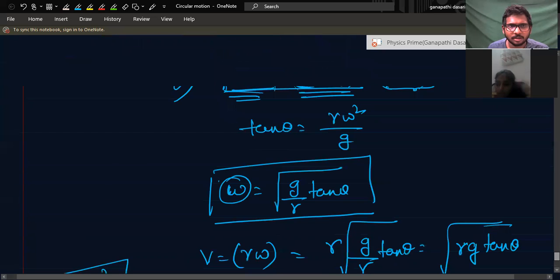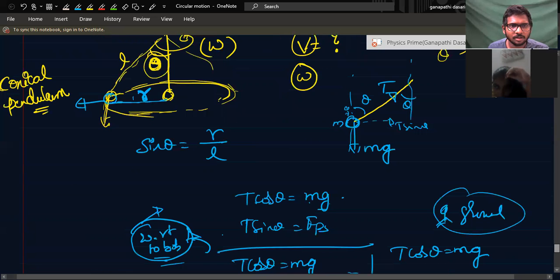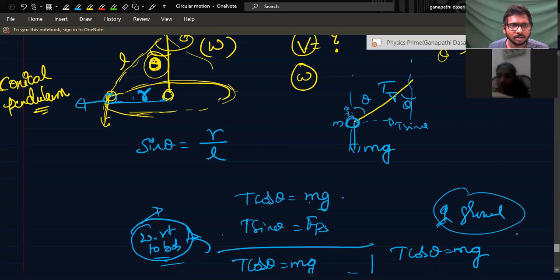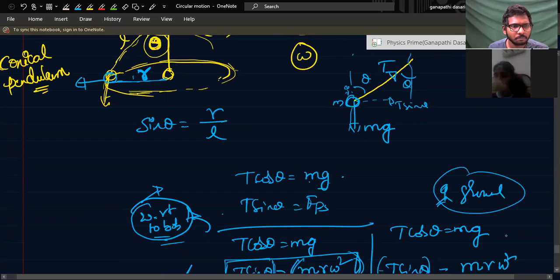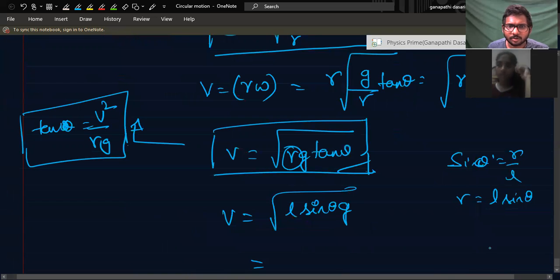Why? Because our radius is the adjacent, no, sir. This is the radius, right? If it is moving in the circle, it is not opposite. Sin theta is opposite by hypotenuse. In this triangle, if you see this triangle, this is r, this is L, this is theta. Sin theta is equal to r by L. Okay. Yes, sir. Okay, let me check.